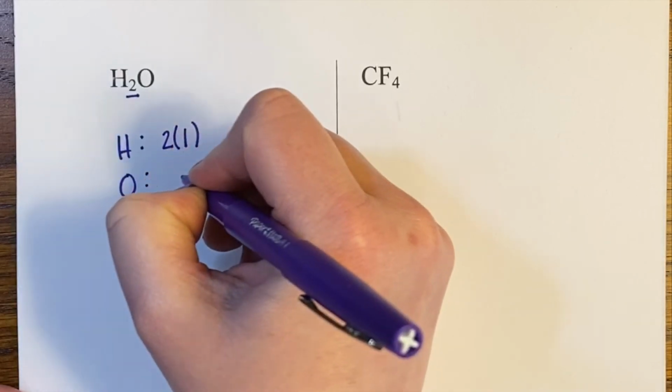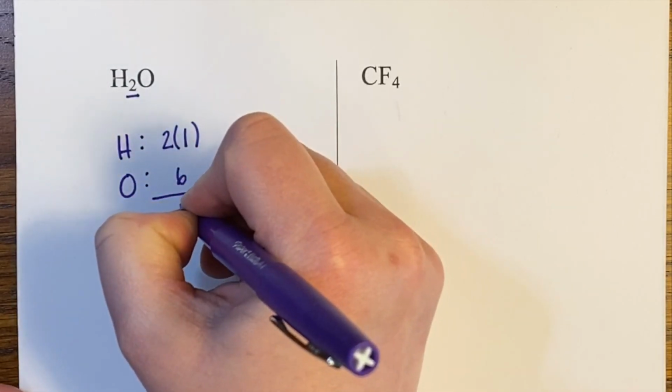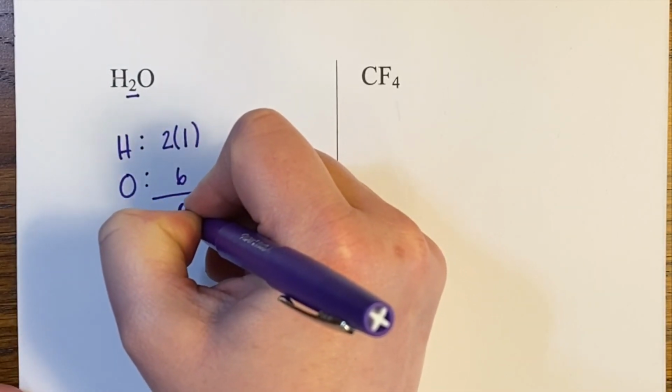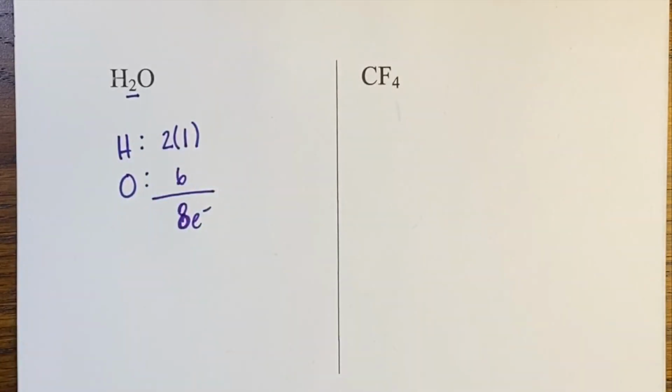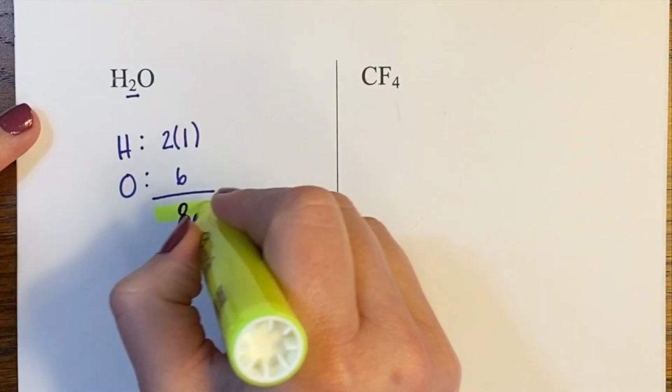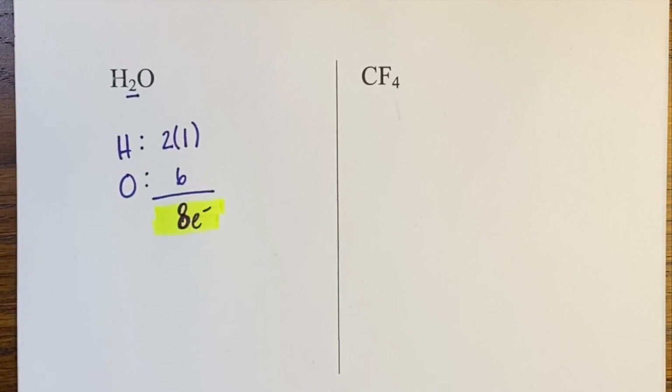My oxygen from group 6A is going to bring 6 valence electrons to the structure, giving me a total of 8 electrons in the structure. The structure that I draw must have exactly 8 electrons, nothing more, nothing less. Exactly 8 electrons. So this is my total number of valence electrons that I have for this structure.